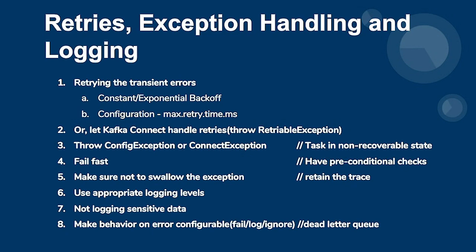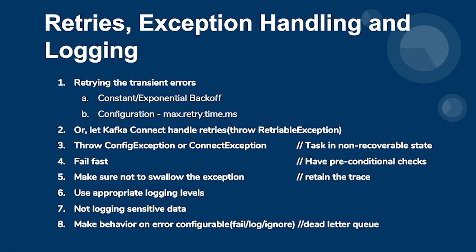Also, we can make this behavior configurable by exposing configs related to retry behavior, such as max retry time, so that users have a hold over this behavior and can configure the time up till which the connector should retry maintaining the connection or processing those requests again and again.